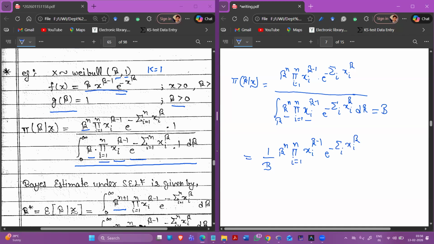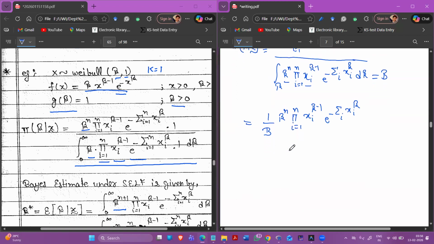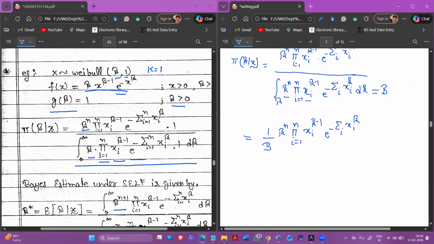Correct or not? That will be your posterior density now. This is your posterior density. Right? And the Bayes estimate, okay, the Bayes estimate under the SELF. What is the Bayes estimate under the SELF?